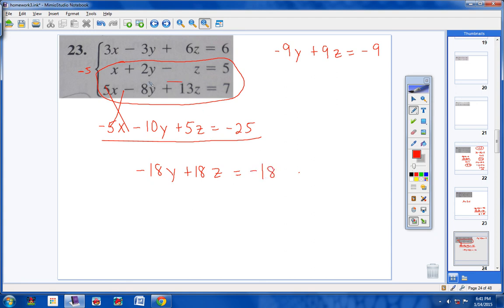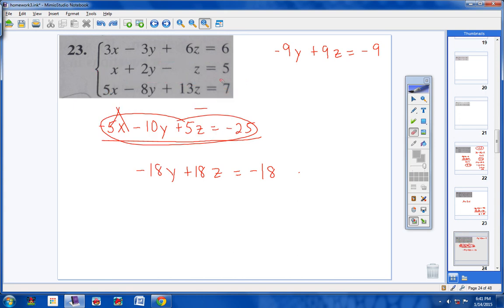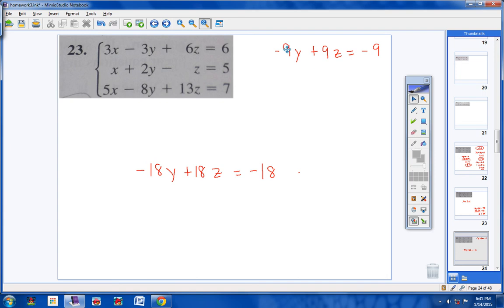Okay, so I added this equation here with this equation here. So now I have my other equation, students, that has a y and a z. So we'll put these two together.